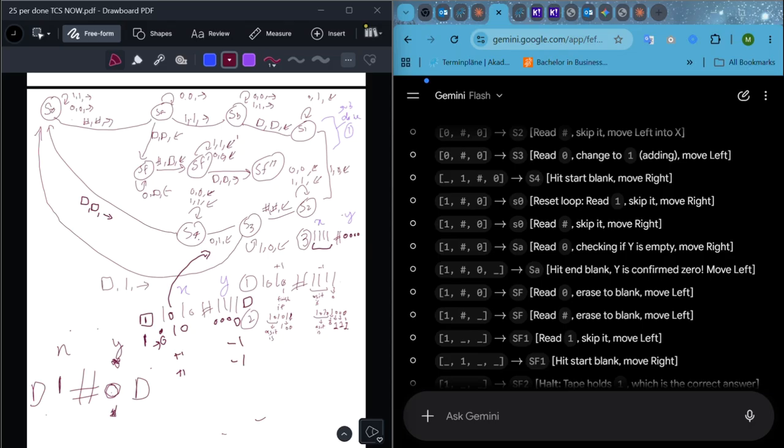And the moment that happens, it goes to SA, and in SA it reads a 0, checks if Y is empty and moves right. This is what it's checking, if it's all 0, and keep moving right.